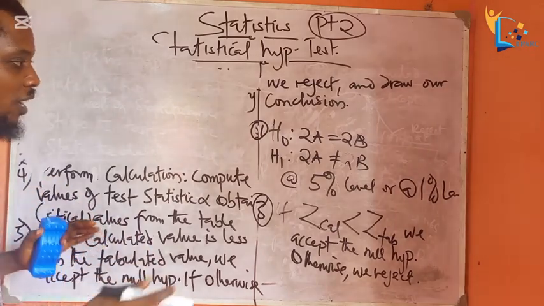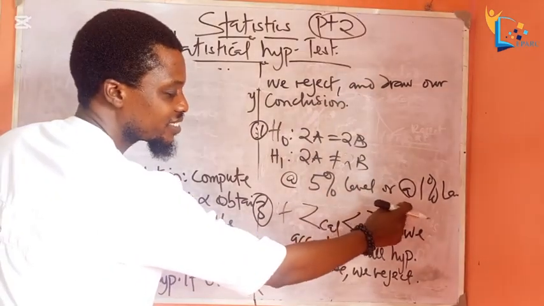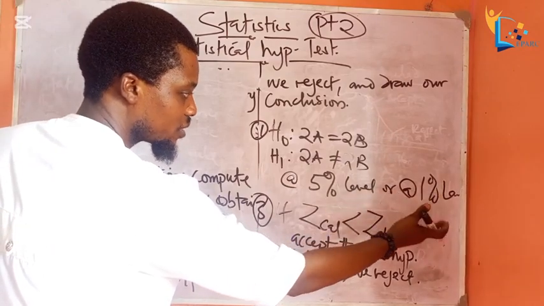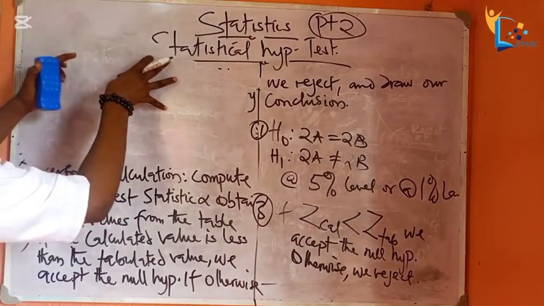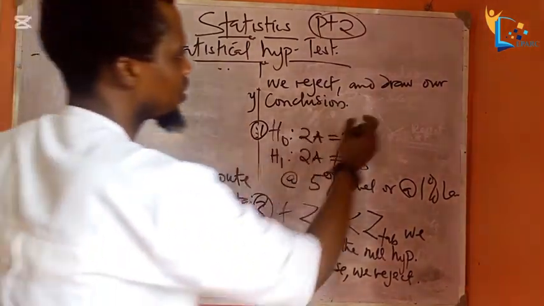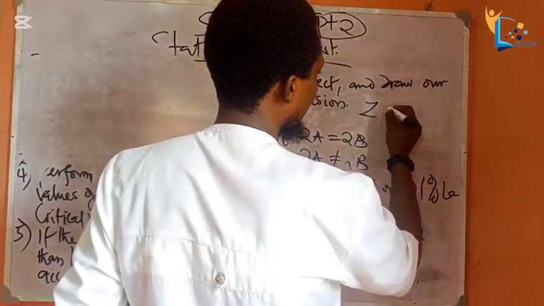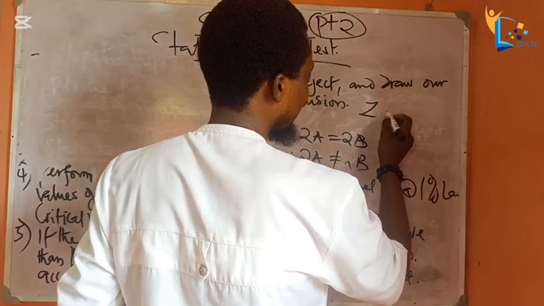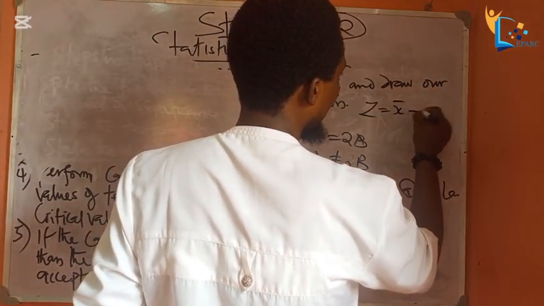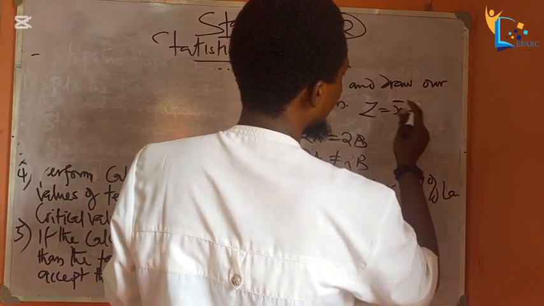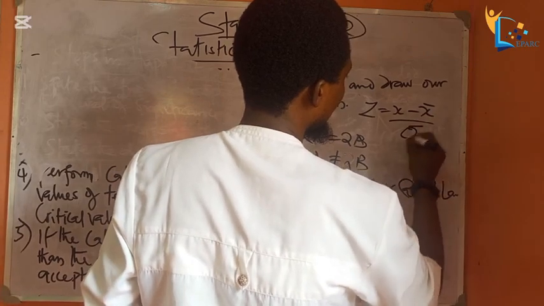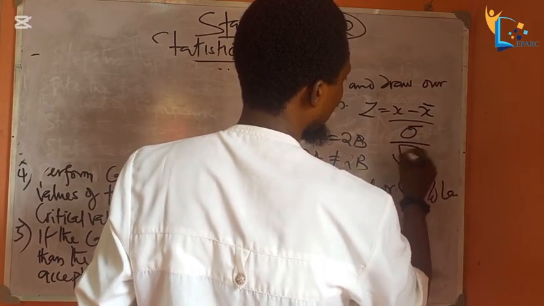Now, how do you perform the calculation? The test statistic, whether the z or the t test, you now bring it. For z calculated, the test statistic for z is x minus x bar, all over standard deviation divided by the square root of n.